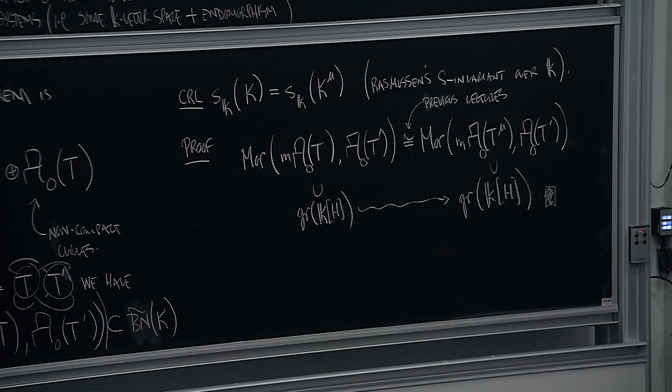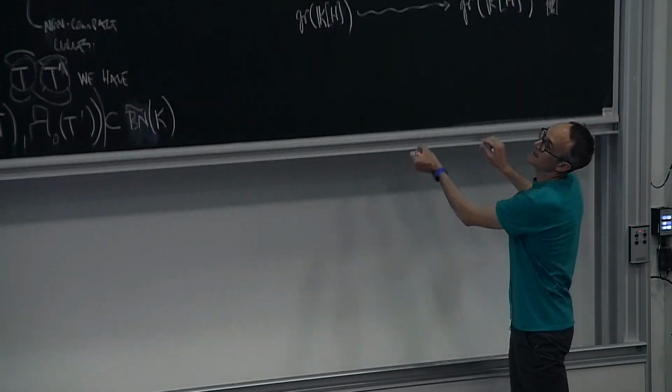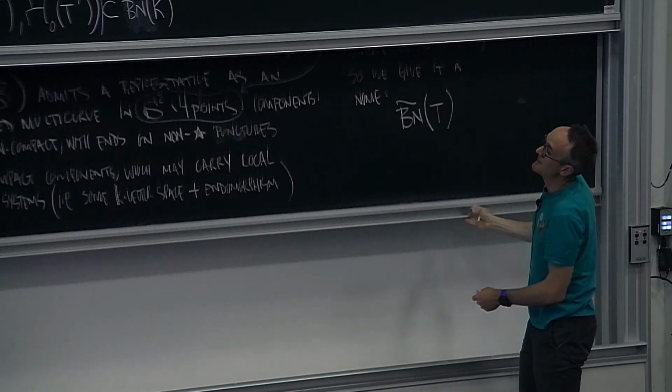Okay, it's our first clue that we can say a little bit more at this point. You at least deal with signs on the non-compact components. Okay, so that's a first desired point of arrival.